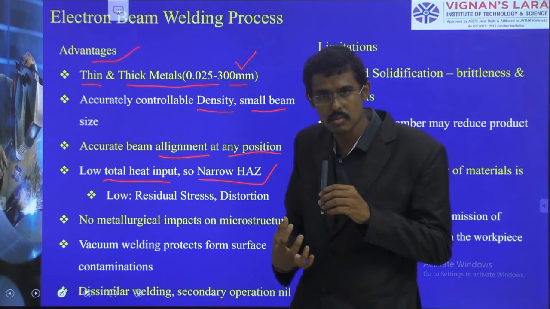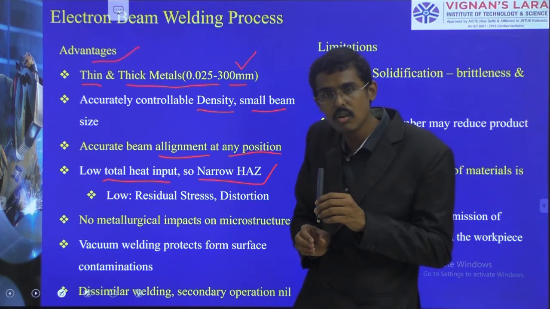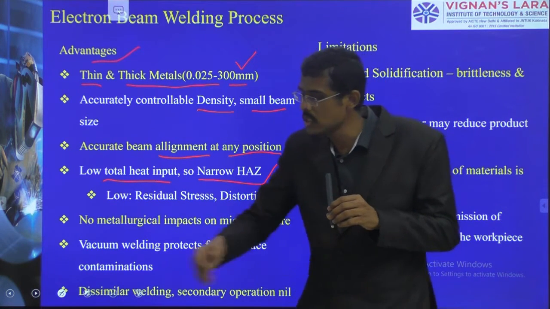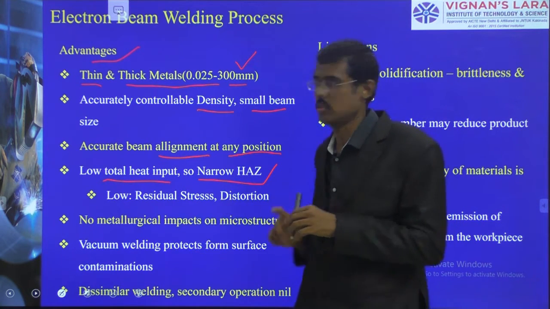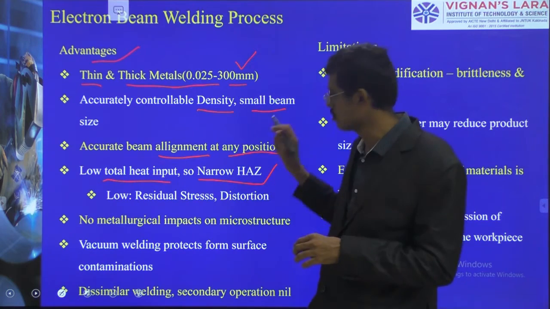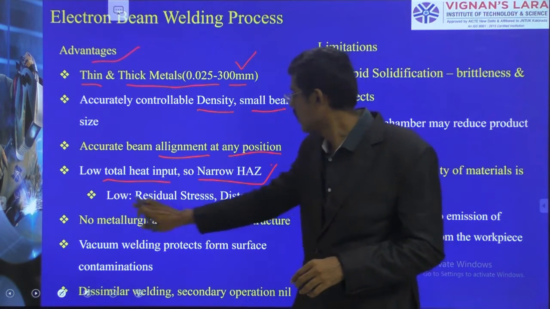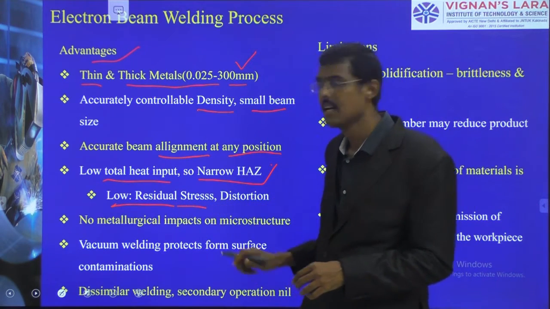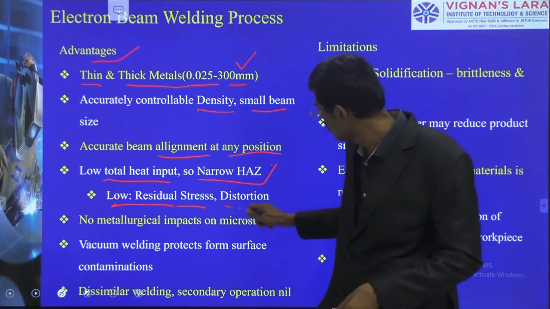It means only the specific location is heated and welded. Therefore there is no distribution or absorbing of heat, and other heat affected zones are not formed. Therefore the heat affected zone is narrow. If the heat affected zone is not there, obviously residual stress is not generated, and if stress is not generated, distortions can also be avoided.